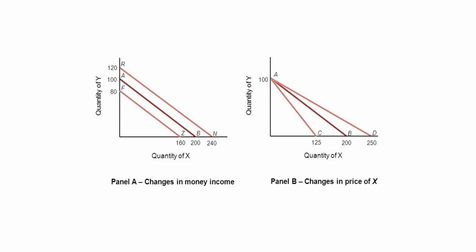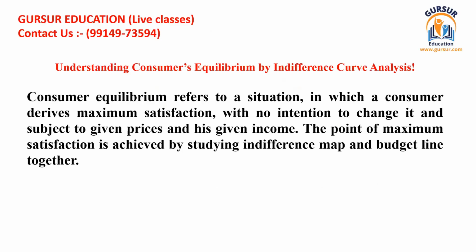So now the last thing we are left with is understanding consumer's equilibrium on the basis of indifference curve analysis. Now you have to understand how a consumer reaches an equilibrium position on the basis of indifference curve analysis. First of all, you have to understand what equilibrium means.